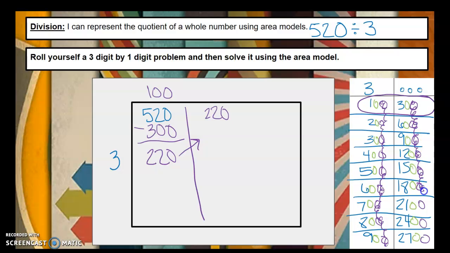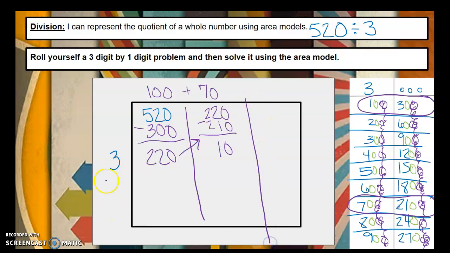All those zeros, all those zeros. All right, so now I'm looking for something close to 220. Well, 210, let's use this one, 210, that's pretty close. So I'm going to take away 70 more groups of 3. So minus 210. All right, that leaves me with 10.